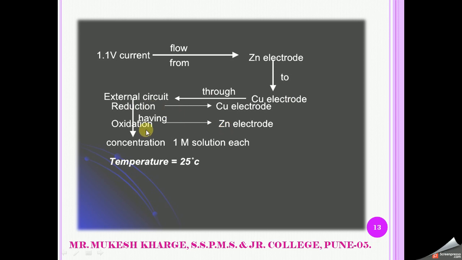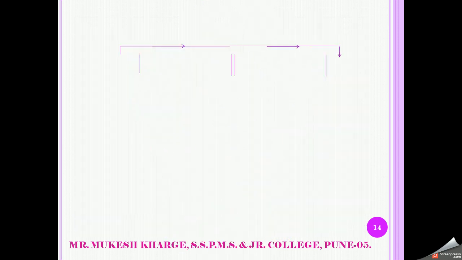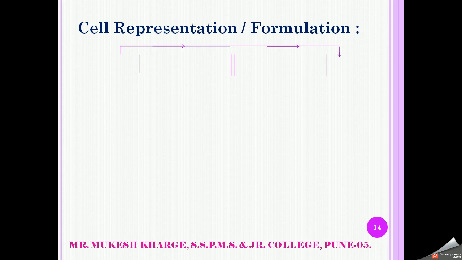Electrons are lost by the zinc electrode, so oxidation takes place. And the electrolytes are 1 molar solutions each. Temperature is 25 degrees centigrade. So the voltage measured in the cell will be equal to 1.1 volt. Next one is the cell representation or cell formulation.